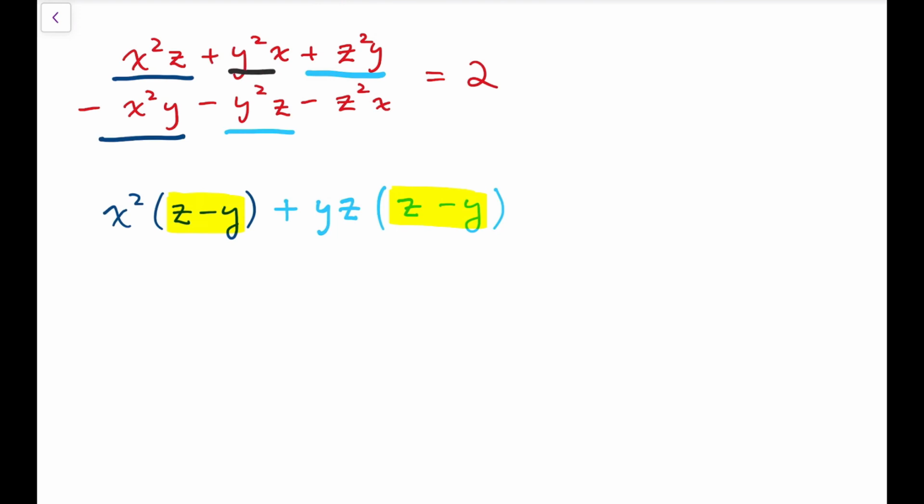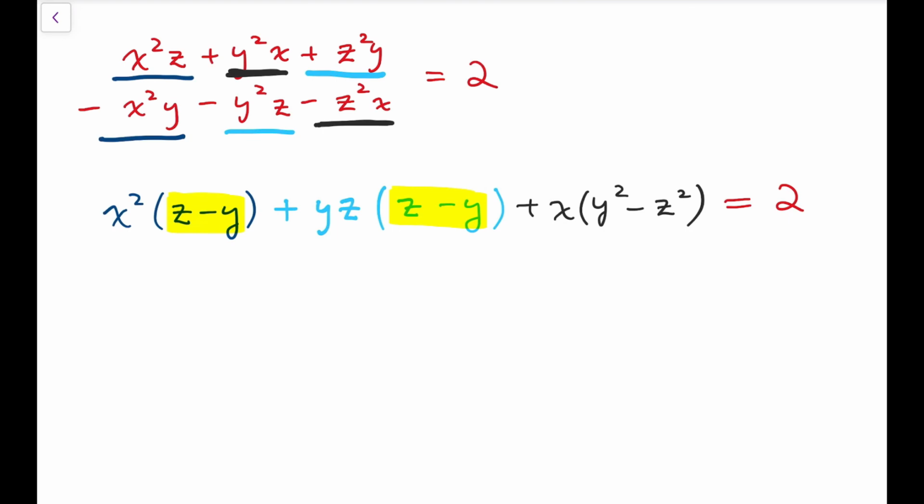And coincidentally, for the last two terms, y squared x and z squared x, when we take out the common factor, which is x, we have y squared minus z squared, and it will definitely contain the factor z minus y because we can use the identity of difference of squares to further factorize it. So our factorization works.